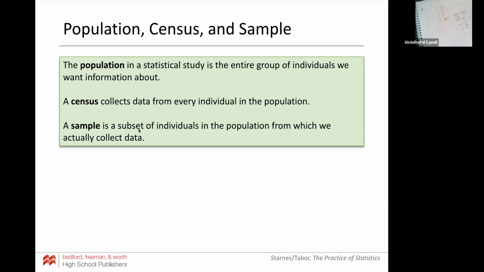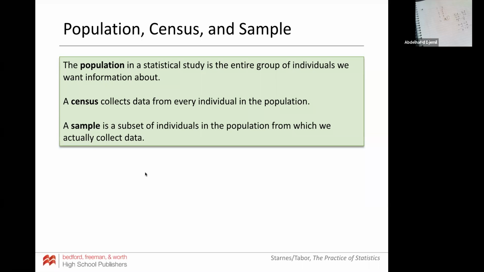We use the sample when we are not using a census, when we're using different studies. Like for example, in the elections, what is the percentage who will be electing, for example, Trump or Biden?